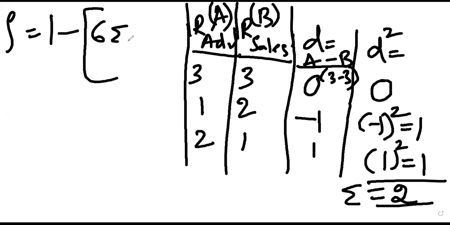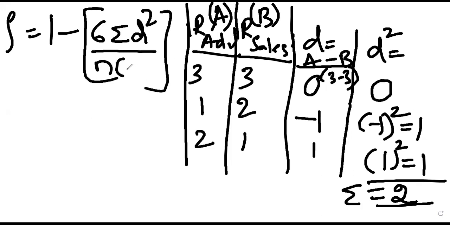Minus 6 divided by n into n square minus 1.